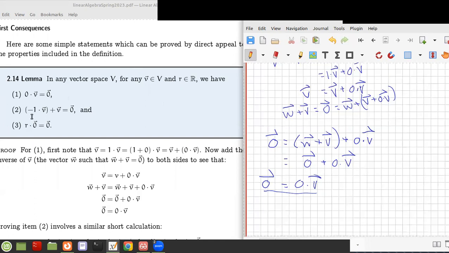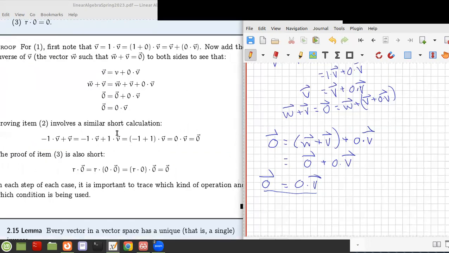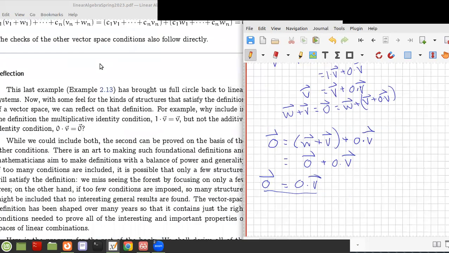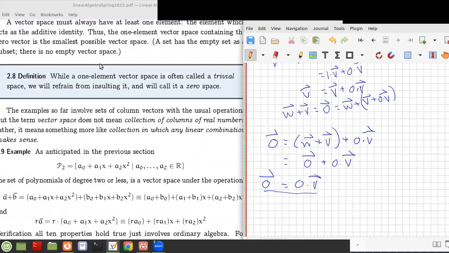Okay, you can do the same thing to show that minus 1 times v is always the additive inverse of v. And you can show that r times the 0 vector equals the 0 vector. The game here is to show that it just depends on those basic properties in the list up here.